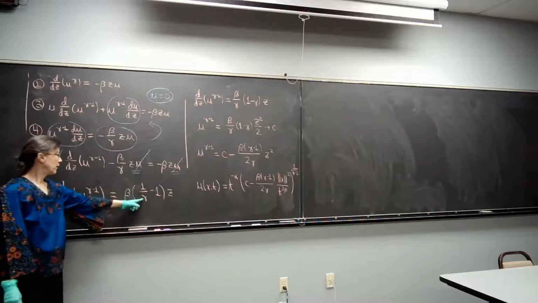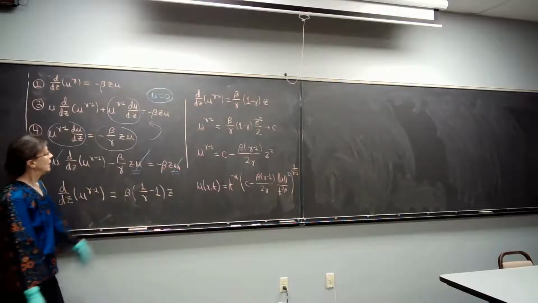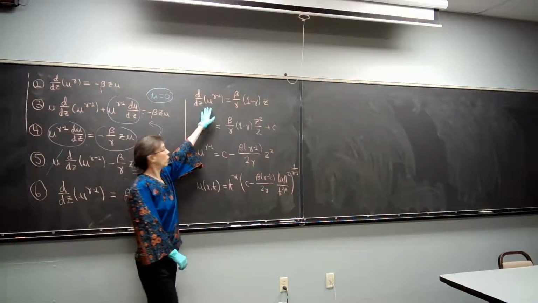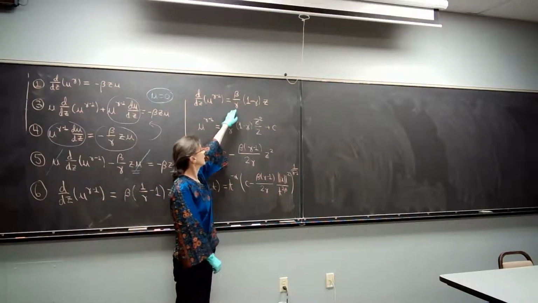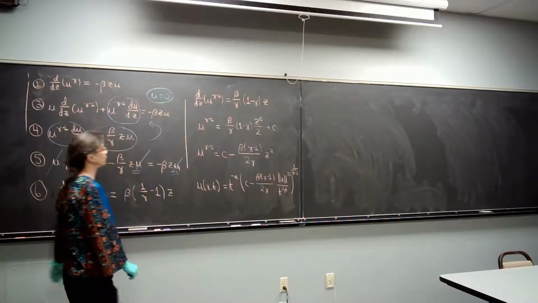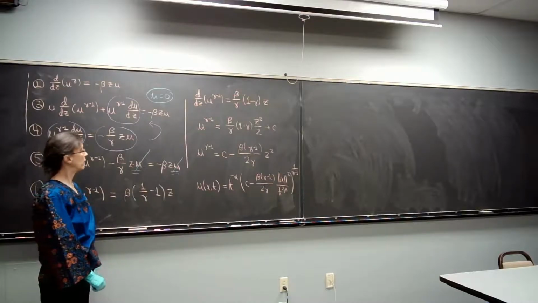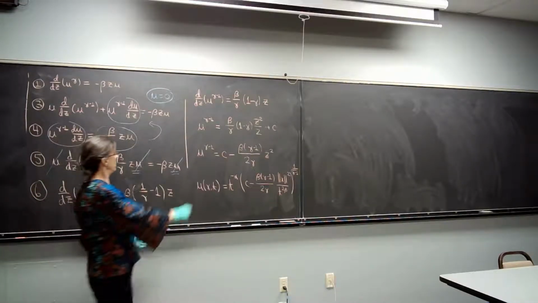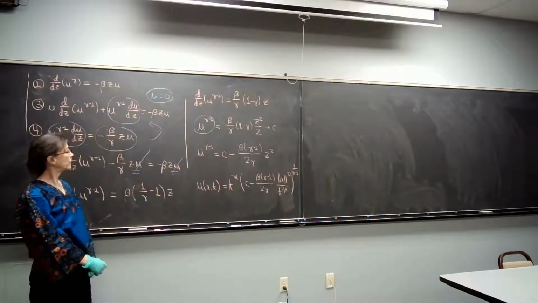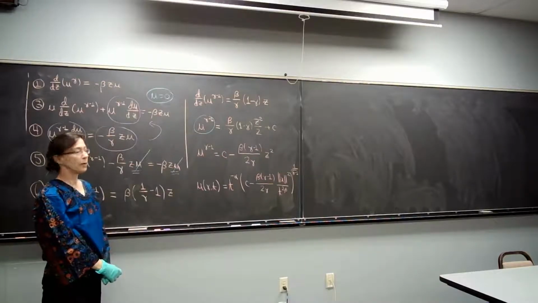And now I'm going to factor the 1 over gamma out and rewrite the equation this way. So d/dz of u to the gamma minus 1 equals beta over gamma times (1 minus gamma) times z. Now it couldn't be easier. You're just going to integrate, apply the fundamental theorem of calculus, and solve for u to the gamma minus 1. Gamma is a constant that's bigger than 1.